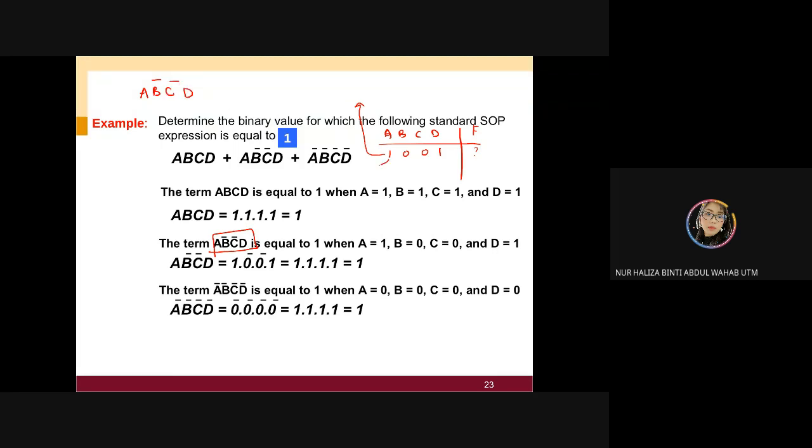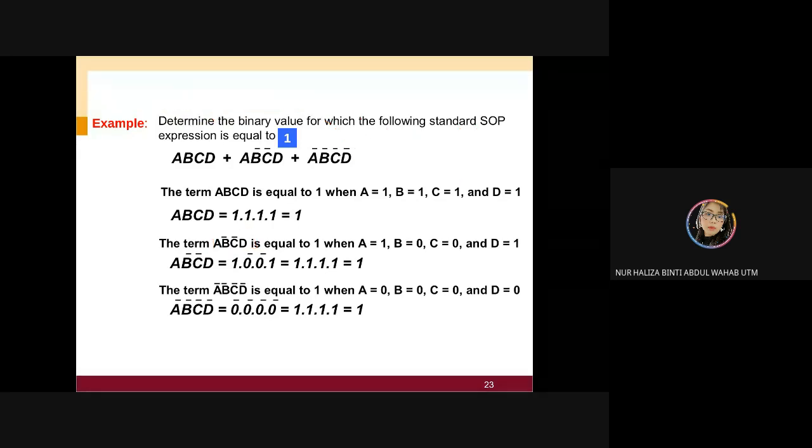You pick all these values and put them inside. The value of A is 1. The value of B is 0, you put bar. The value of C is 0, you put bar, and D is 1. Because of this term, at this point of your input, you will get 1, 0 over bar gives 1, 0 over bar gives 1, and then 1. That's why your F is 1.